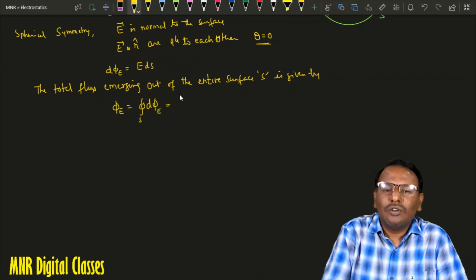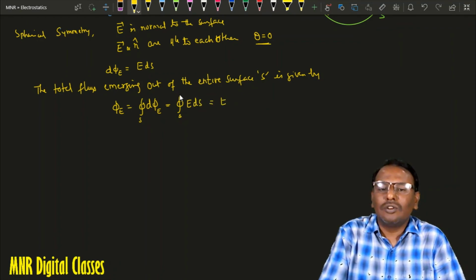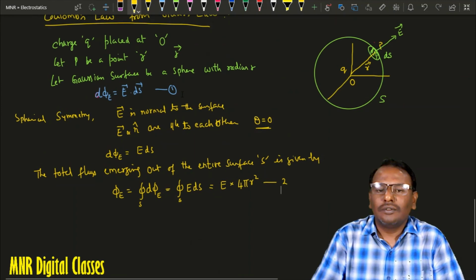This is equal to the surface integral of E into ds. This we can write as E into, we know that the surface area of the sphere is equal to 4 pi r square. Call this as equation 2.